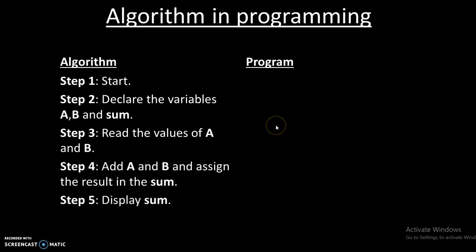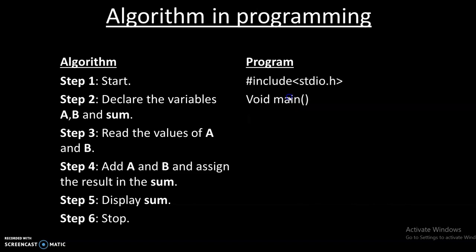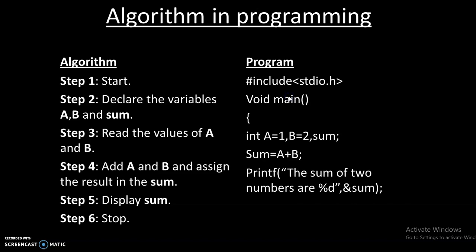One is for storing the result, that is sum, and the other two variables are for holding the values which have to be summed. Then the next step is to perform the add operation and store the added value in sum. Then display sum. So this is the algorithm part.